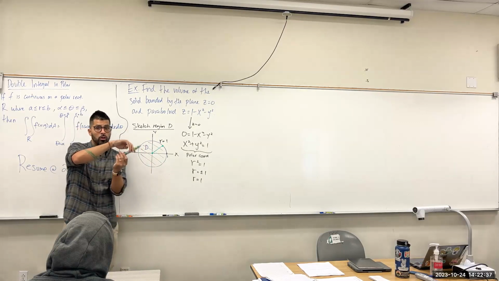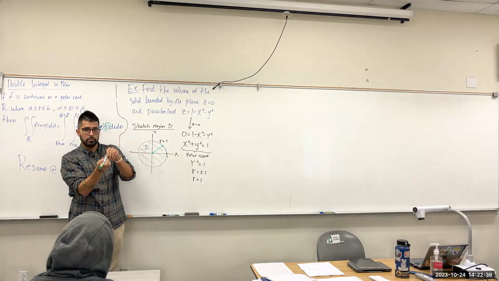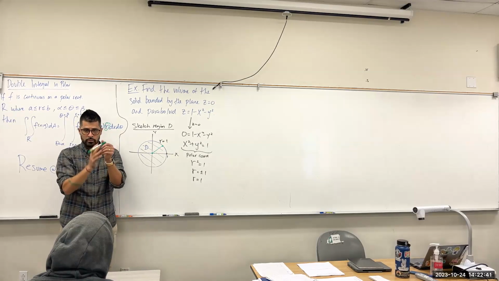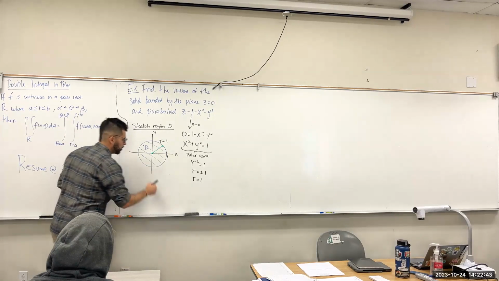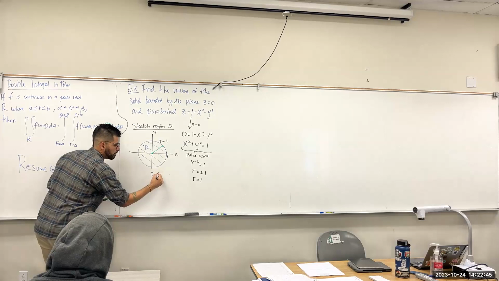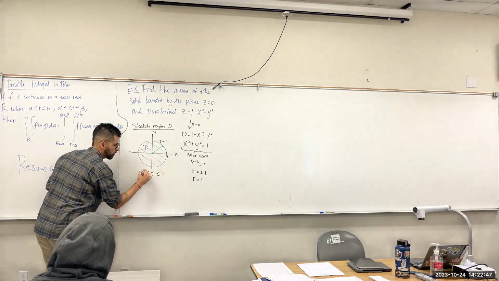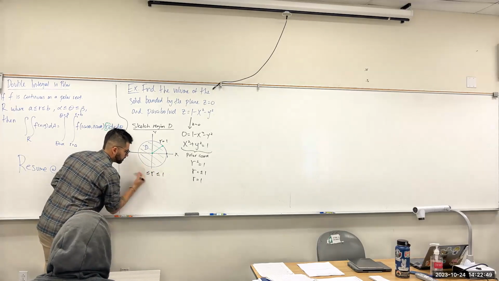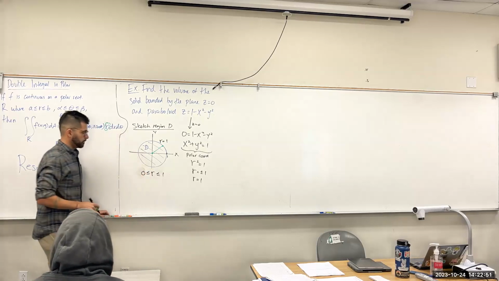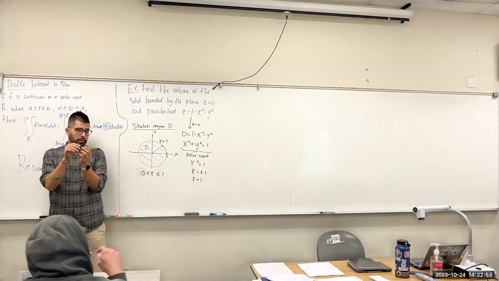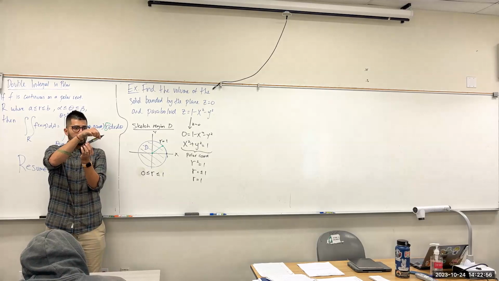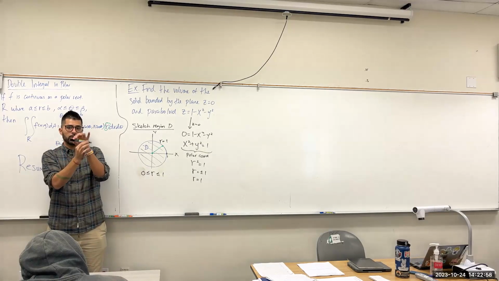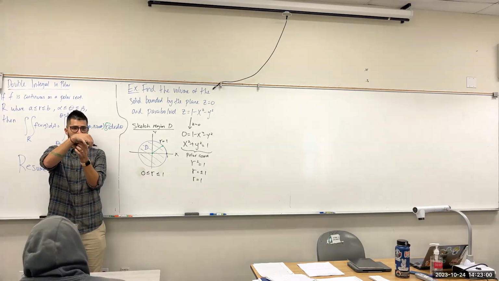Is that true for all theta? It's true for all theta, right? So notice that in polar coordinates, r is going to be bounded by 0 and 1. If I shoot my laser, does my laser touch the region for all 2 pi radians?